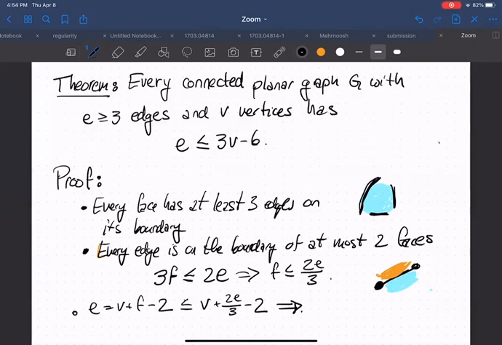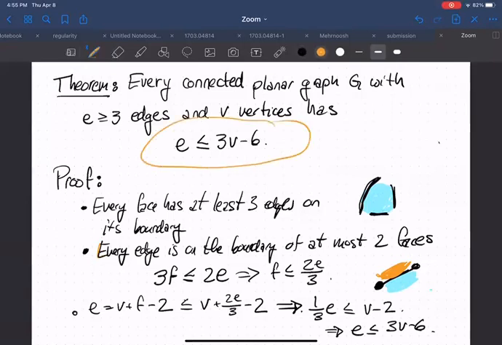Subtract 2E divided by 3 from both sides. On the left side, you're left with 1/3 of E. On the right side, you're just left with V minus 2. And now multiply both sides by 3 so that you're left with E and 3V minus 6. And that is this formula here that we're trying to prove.